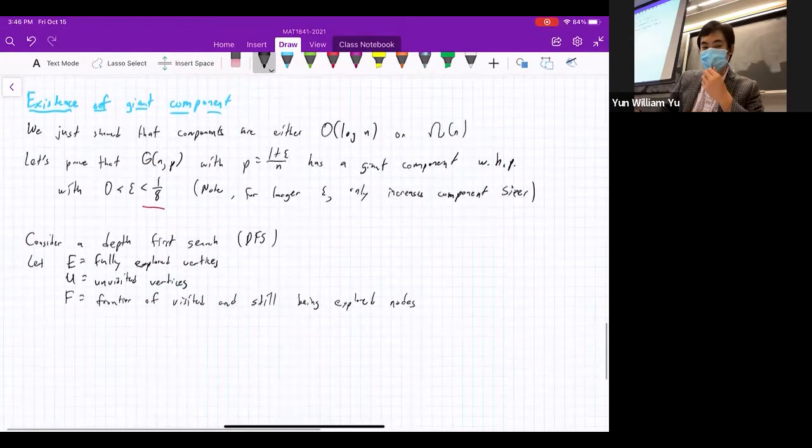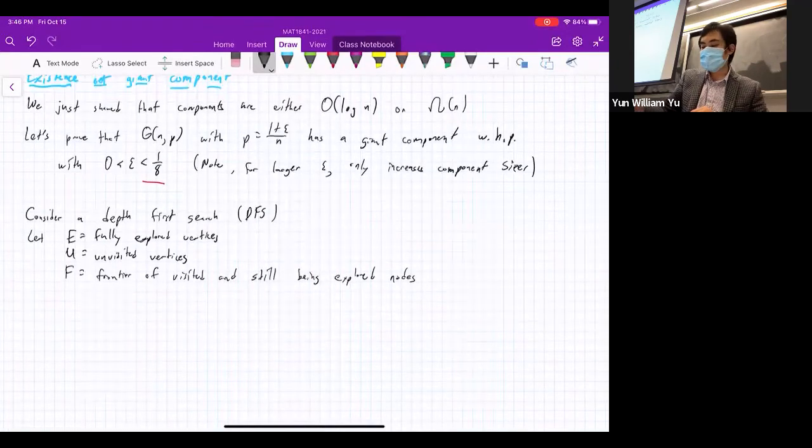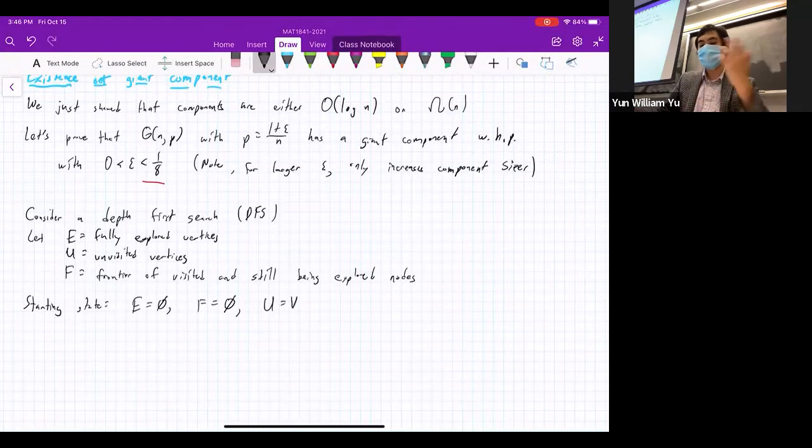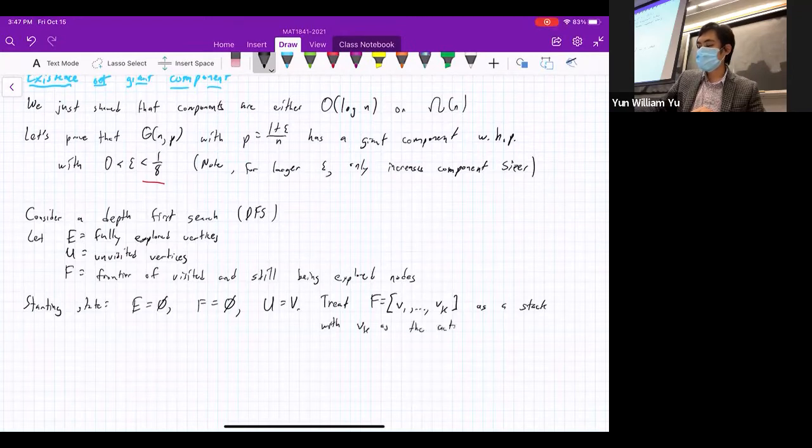More precisely, let's actually write down an algorithm so you know what I mean. Our starting state is going to be E is the empty set, F is the empty set, and U is equal to V, the set of vertices. And we're going to treat F as a stack, with v_k as the active vertex.